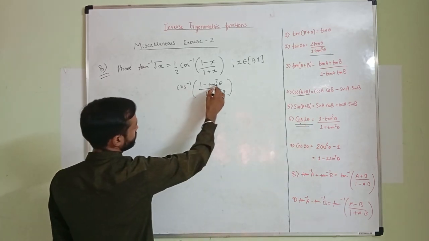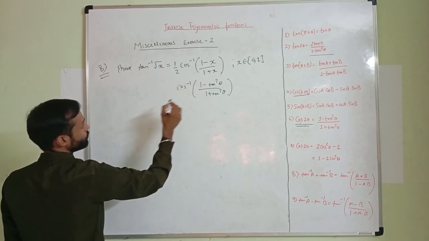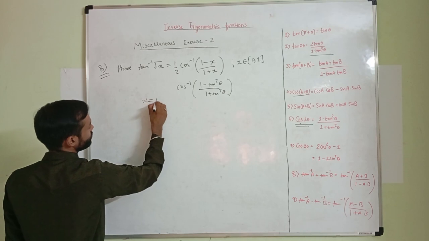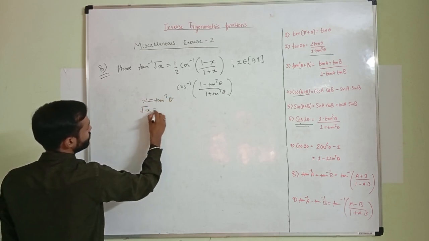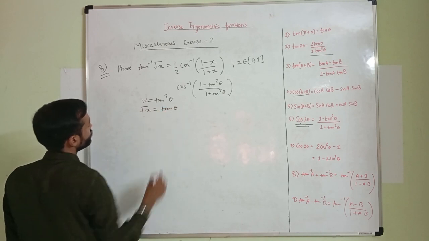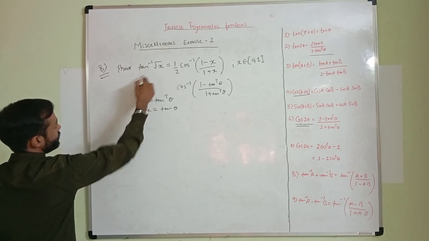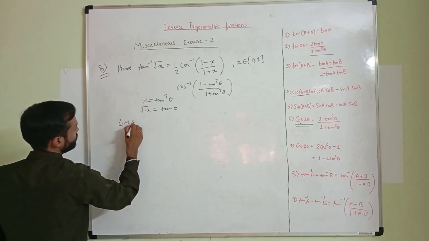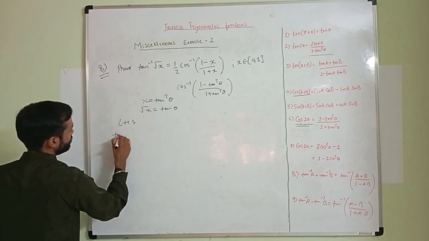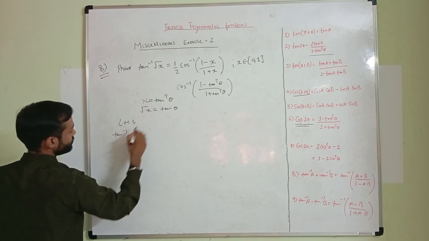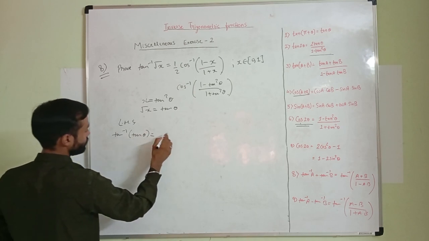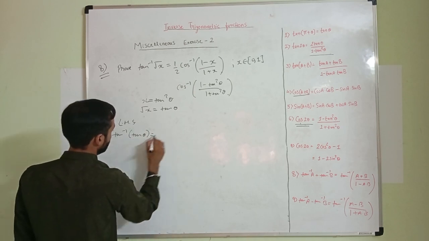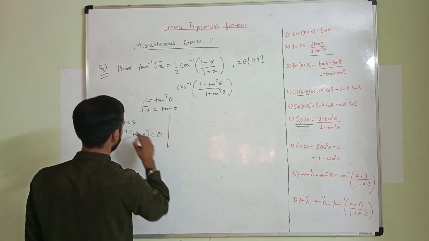So from this we are applying the logic that suppose we assume x is equal to tan square theta. So our root x will be tan theta. First we will solve the left hand side. Tan inverse of root x, we are writing tan theta, so it will be tan inverse of tan theta, which will be theta. This is our left hand side.